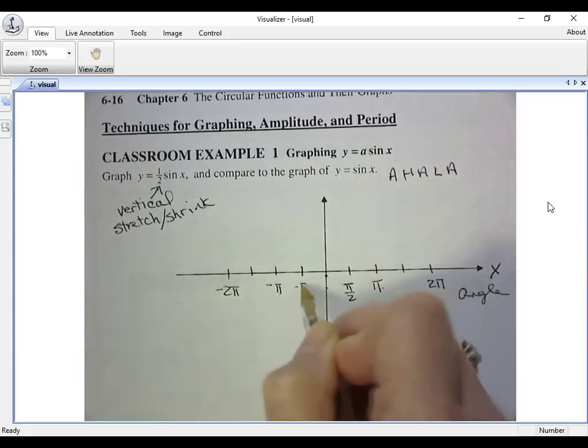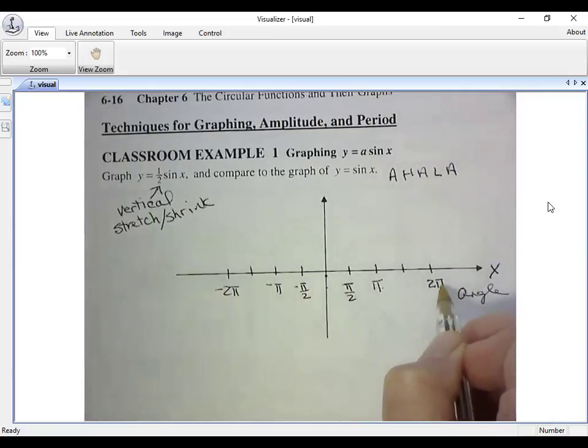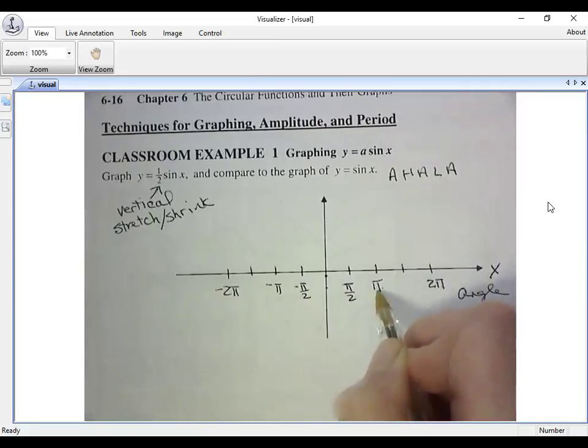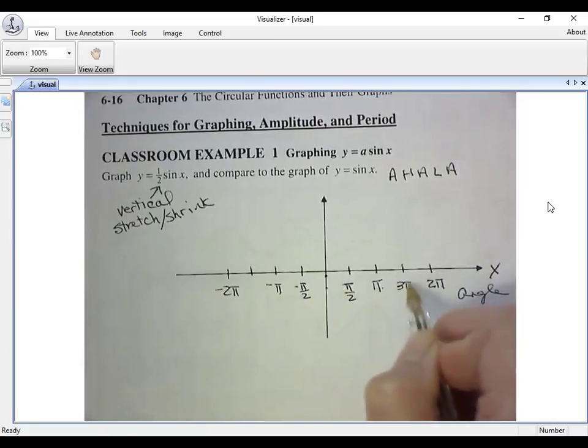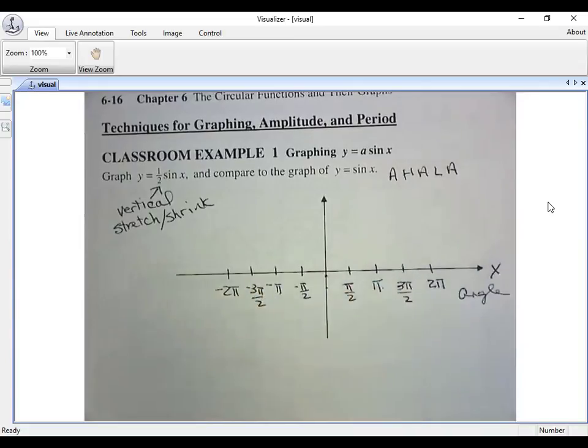This would be negative pi over 2. And that would mean this one is 3 pi over 2. Very good. 2 pi is the same as 4 pi over 2. And that's 2 pi over 2. So 3 pi over 2 would be right in between. And I've got them labeled for both the positive and the negative end of the axis. Are we good on that? That's actually going to be a real helpful skill a little bit later if we can get comfortable with that.